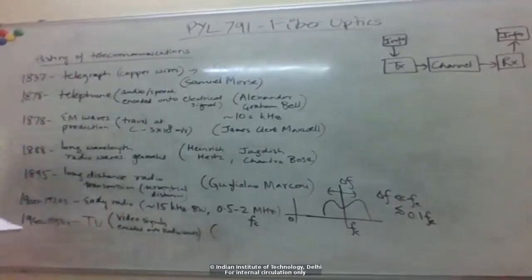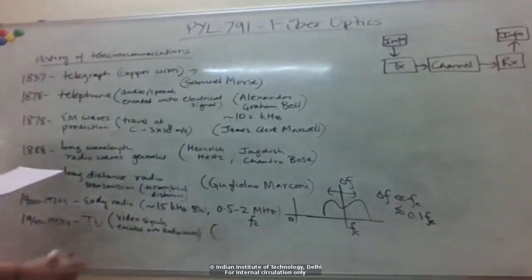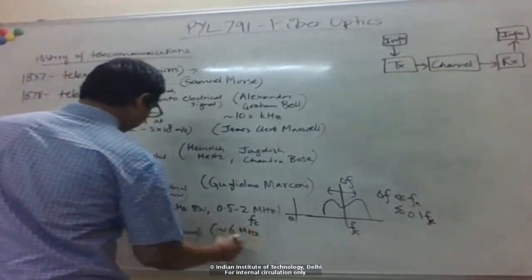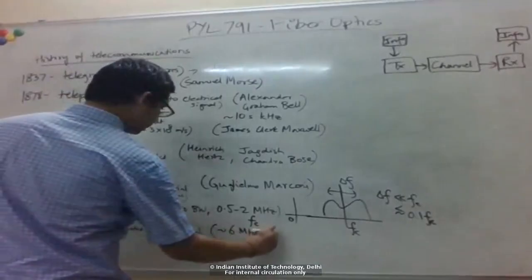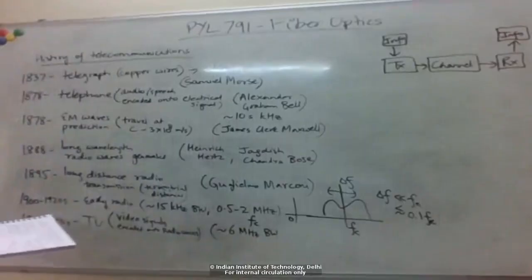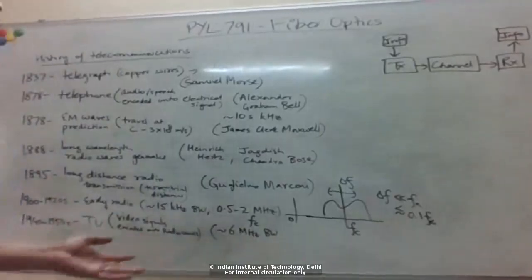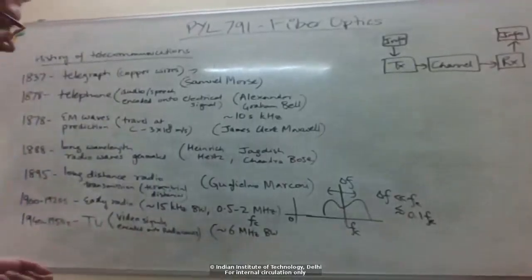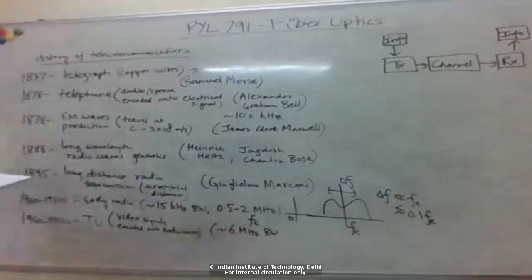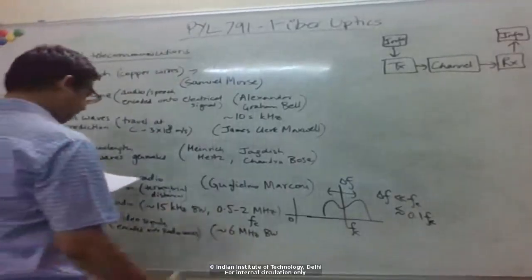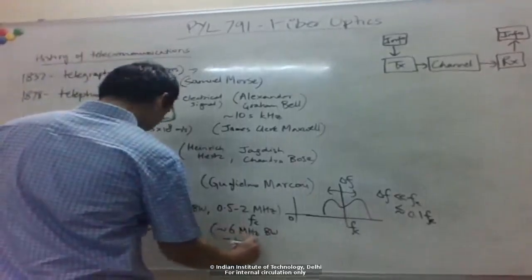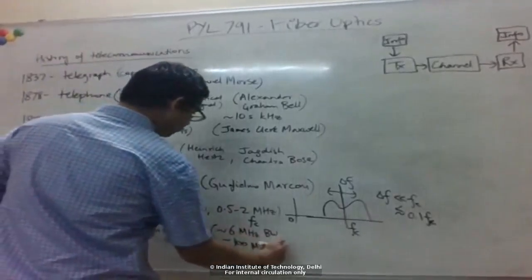Since you have video signals, you need a larger bandwidth. Typically the bandwidth required is about 6 megahertz for a decent VGA encoded signal. If you want to go to HD or 4K, you require even more, maybe tens of megahertz of bandwidth. So the carrier frequency for these is now higher, like 100 megahertz.